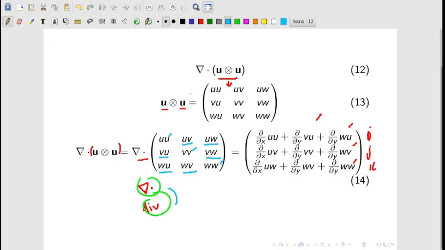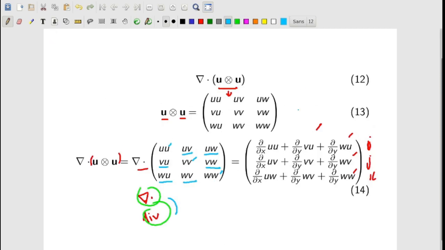So now if we expand these derivatives here, you can use the product rule here. This will be U du dx plus U du dx. This is actually 2 U du dx, but it's convenient to express like this.